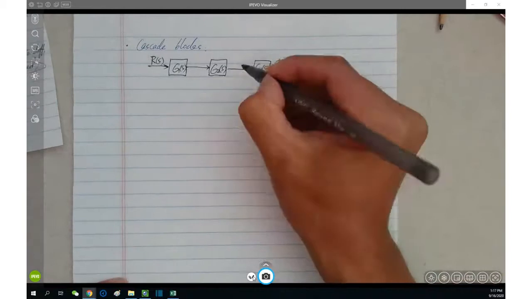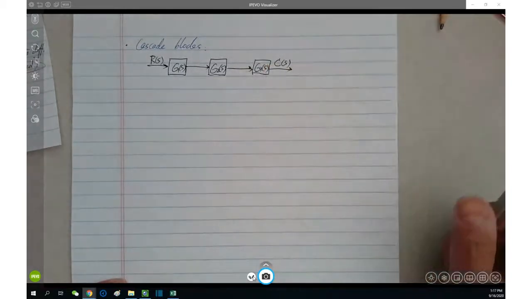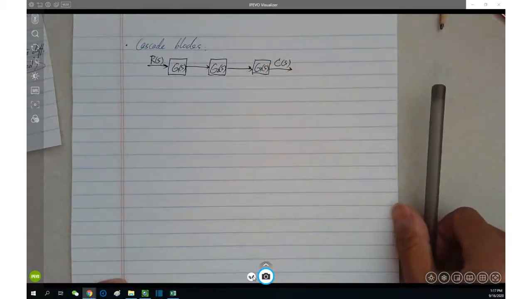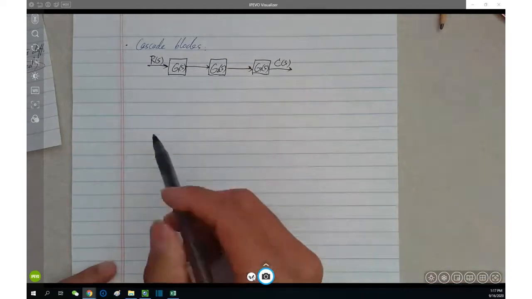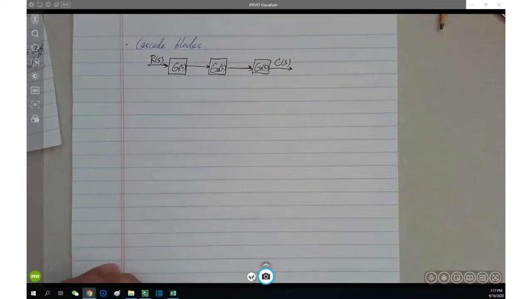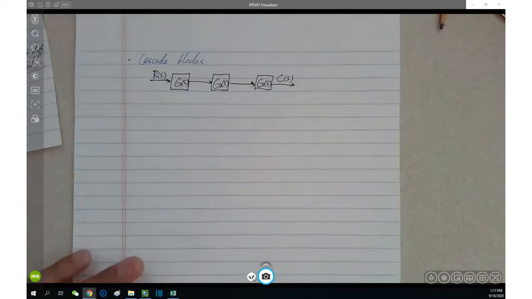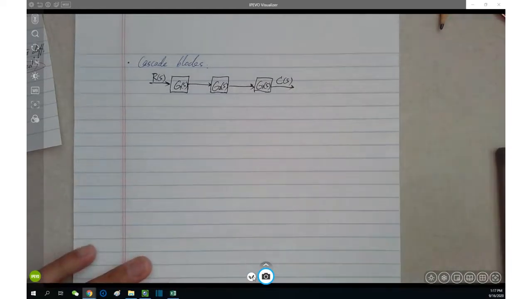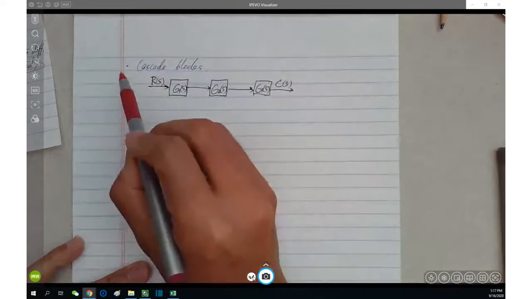Okay. And then what is the total transfer function? First of all, what do you mean by total transfer function? We need to keep in mind one concept.